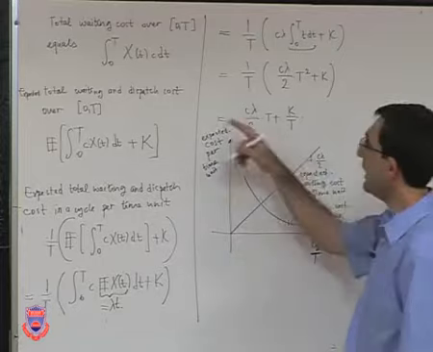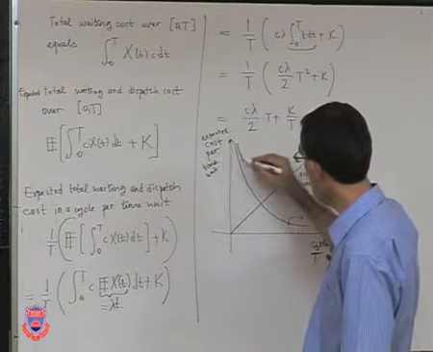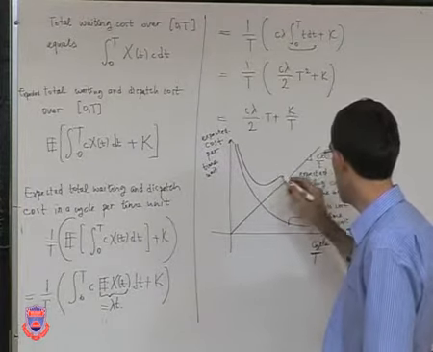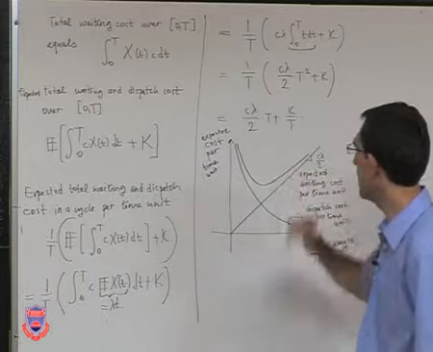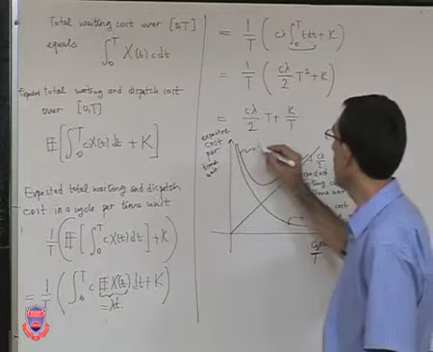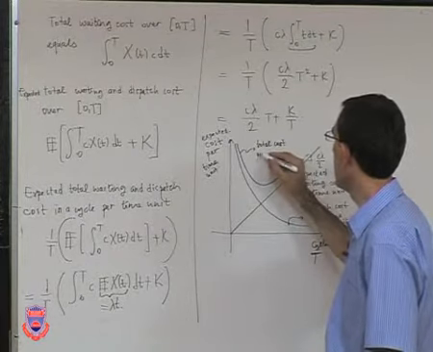And the sum gives us the expected total cost per time unit, which is going to have a form like this. Ooh, that's too much. So it should converge to this one, because this is diagonal. Okay, so this is the total cost per time unit.